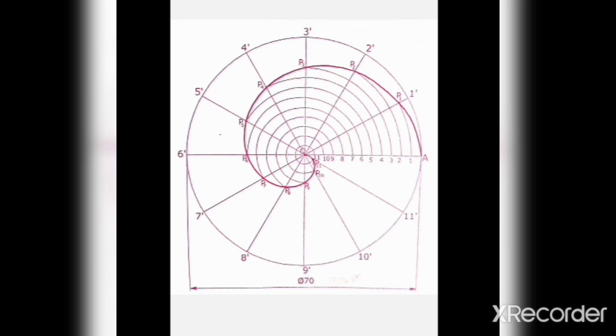Similarly, we have to divide the radius of the circle into 12 equal parts. Here the radius of the circle is 35 mm. So we have to divide the 35 mm into 12 equal parts as shown in the figure.